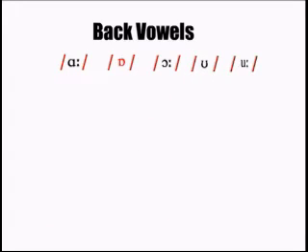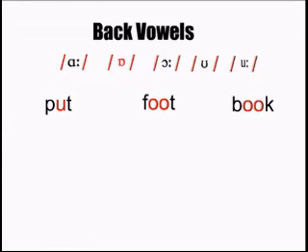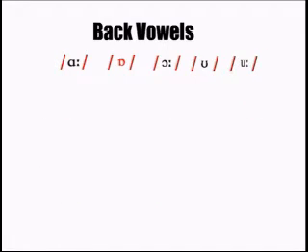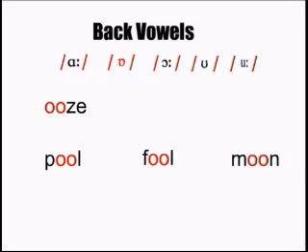U never occurs initially, yet it occurs medially as in put, foot, book, and finally as in who, do. Oo occurs initially as in ooze, medially as in pool, fool, moon, and finally as in tattoo, chew, crew.